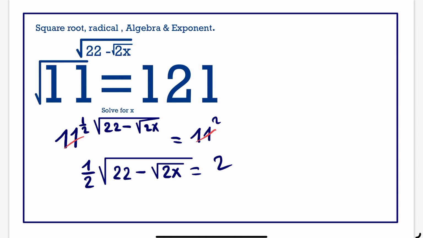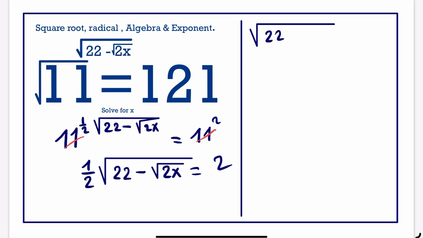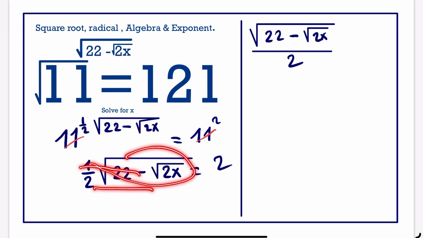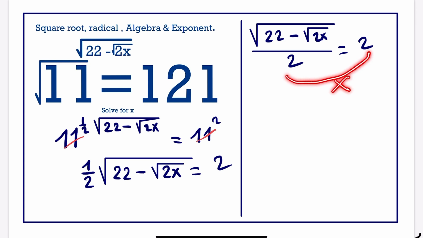So this can be written as 1 times 22 minus root 2x over 2, because when we multiply times 1 it remains the same, divided by this 2, should be equal to 2.